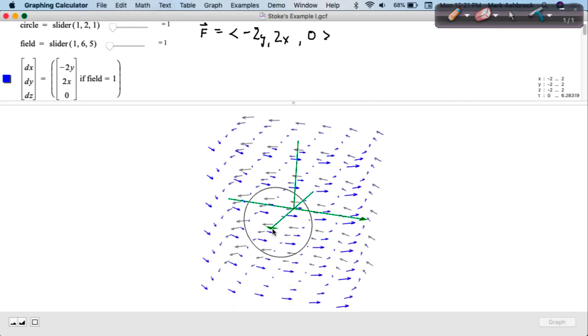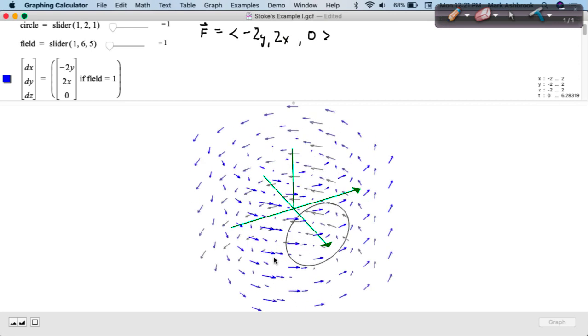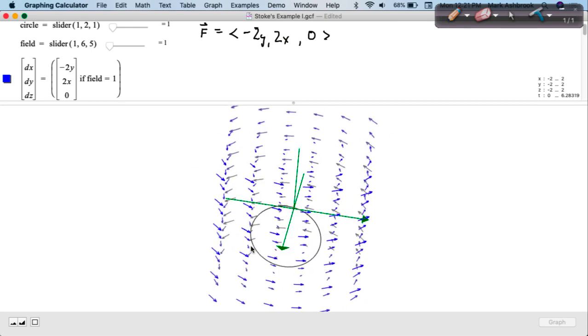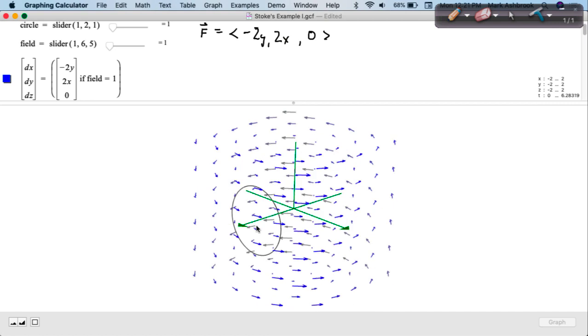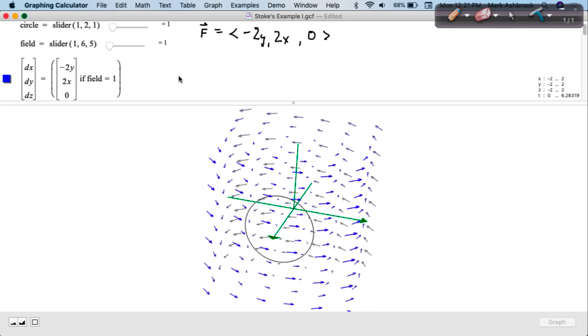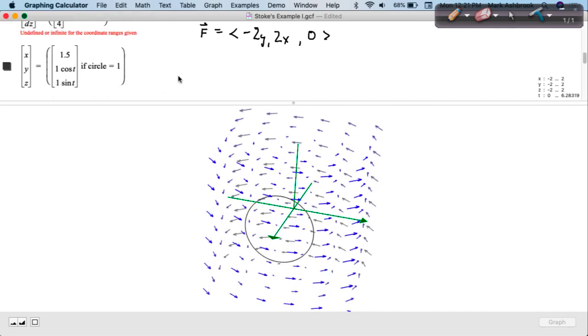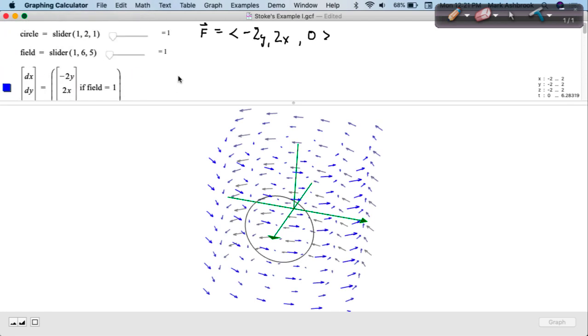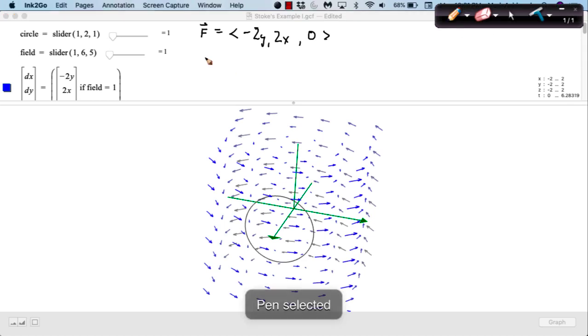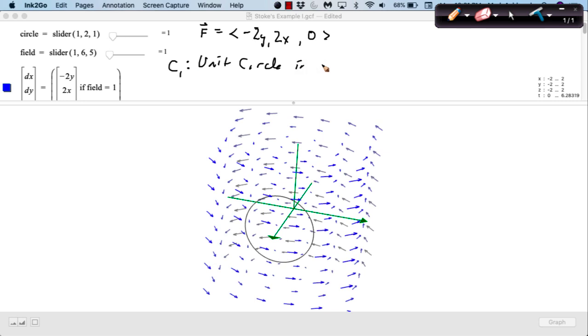And then I'm looking at this little circulation path, which is the unit circle at x equals 1. So it's the unit circle in the plane. So C1 is the unit circle in the plane, say x equals 1.